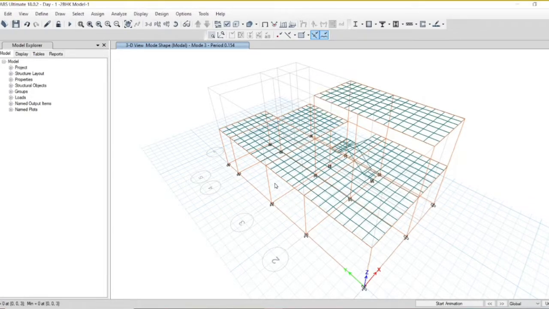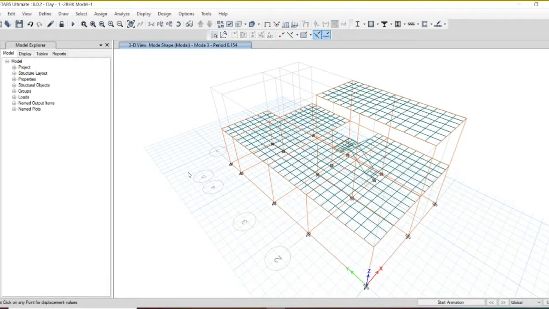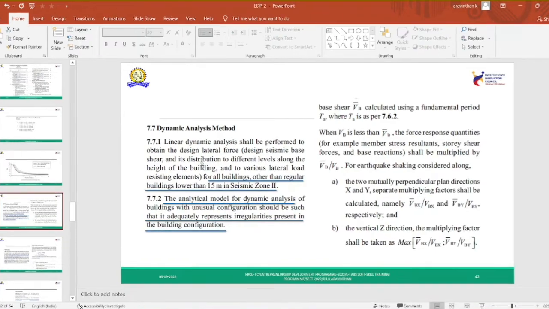The walls, which are not considered. Walls are not only partitions. During any lateral load, the masonry walls act as diagonal force resisting members and provide additional stiffness, which we have not considered here. So this should also be considered when we are doing dynamic analysis.